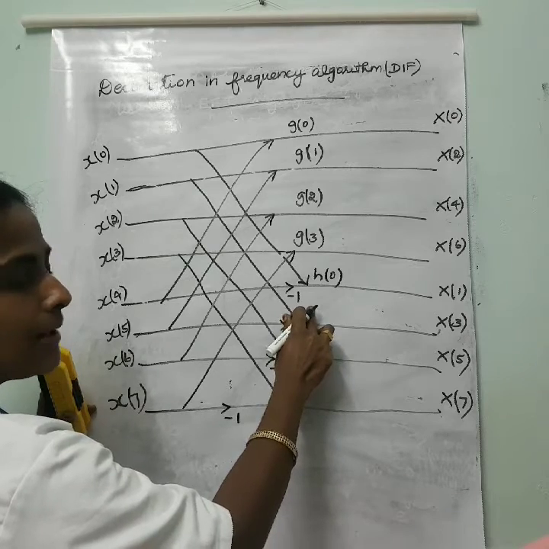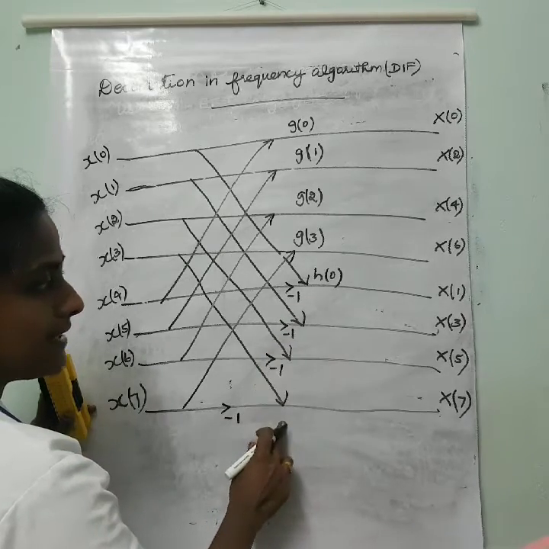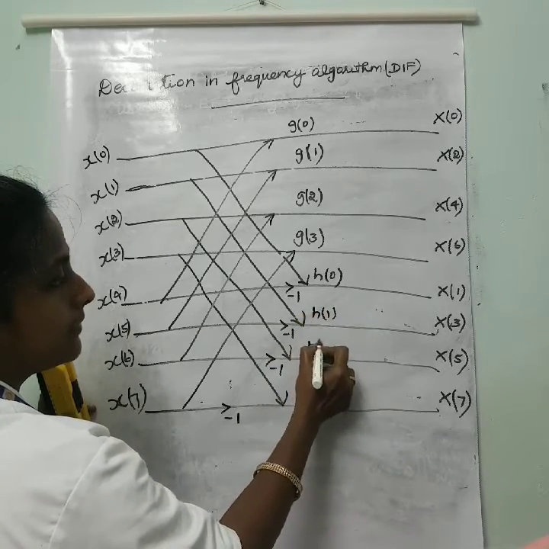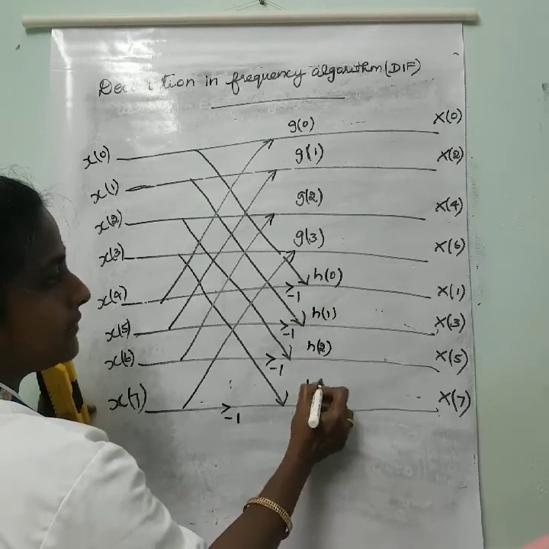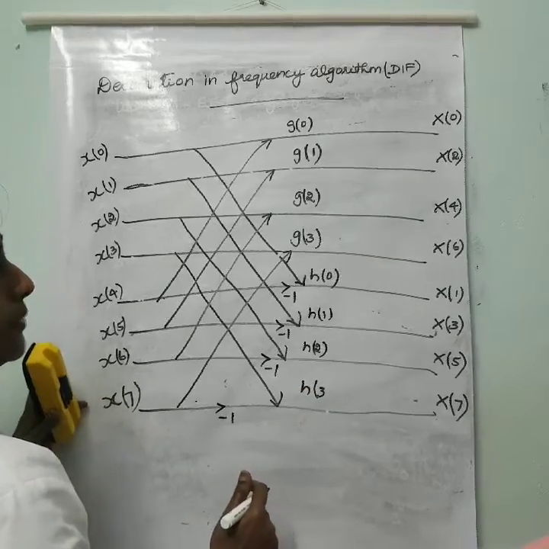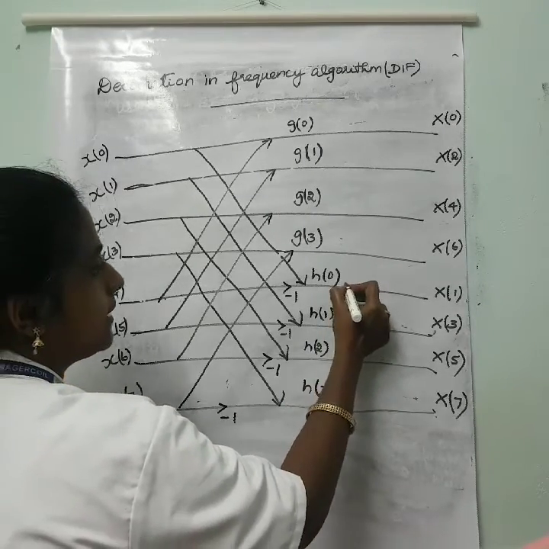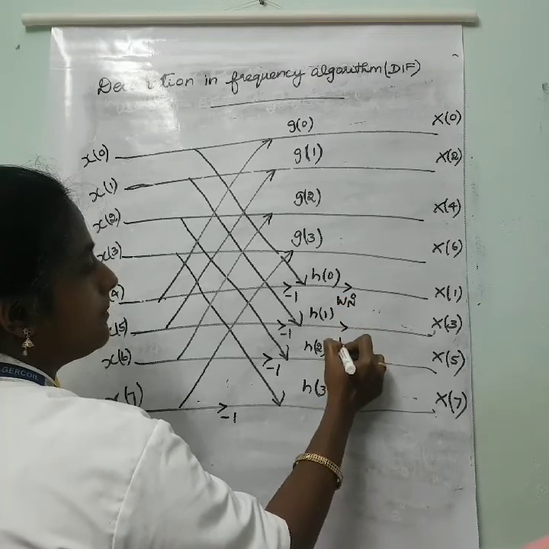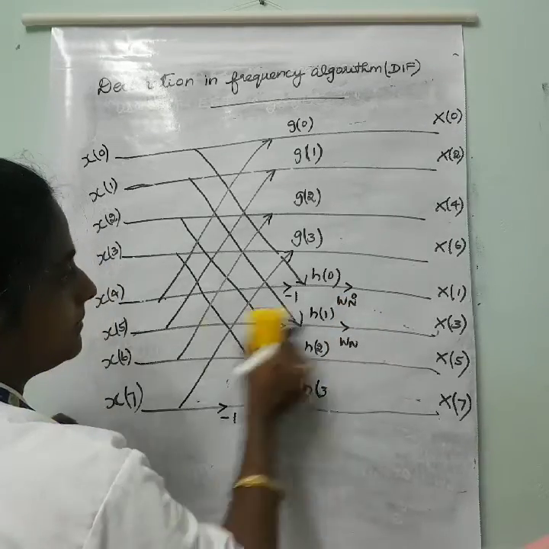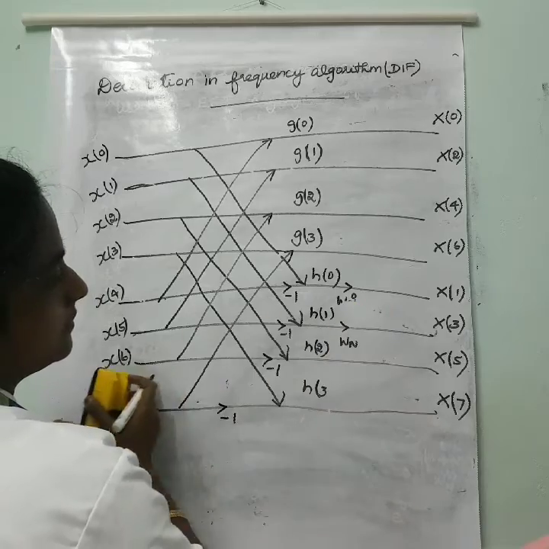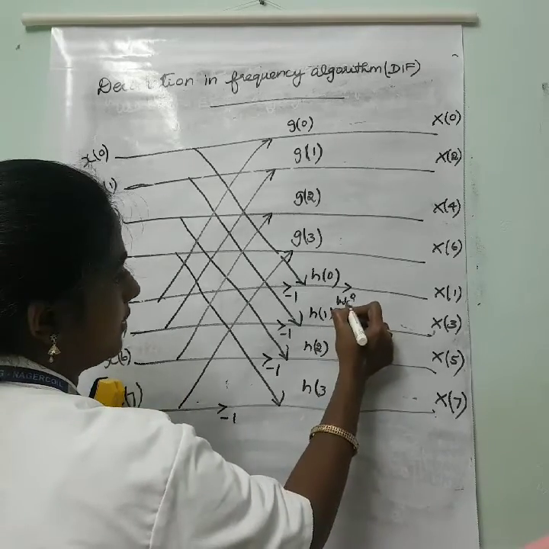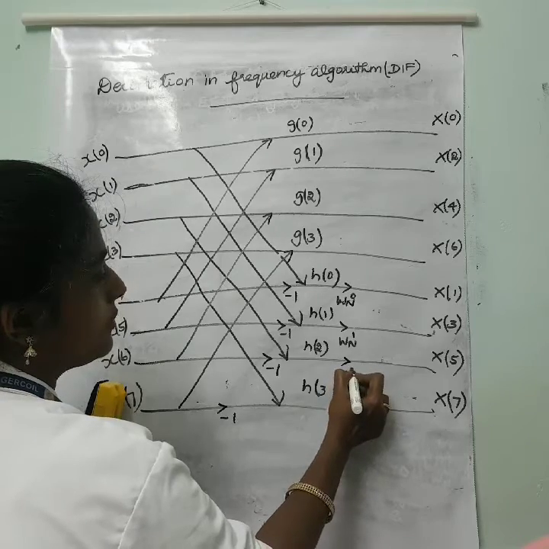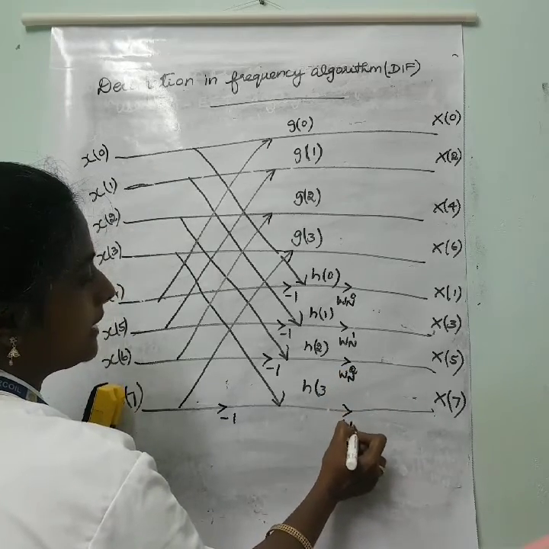In that equation we have minus, so we write the minus line for the last 4 lines. You will also have the twiddle factors, that is wn power 0, wn power 1, wn power 2, wn power 3.